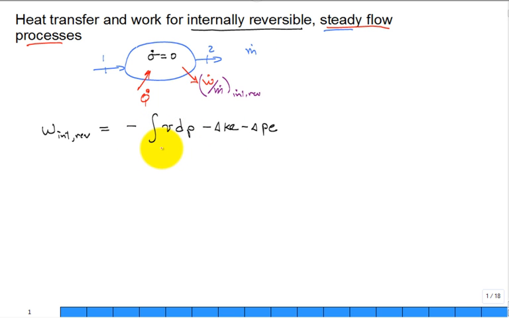What looks wrong? Doesn't this look wrong? What should it look like? Well, I remember from a closed system that the integral of F dx is equal to the work, true?